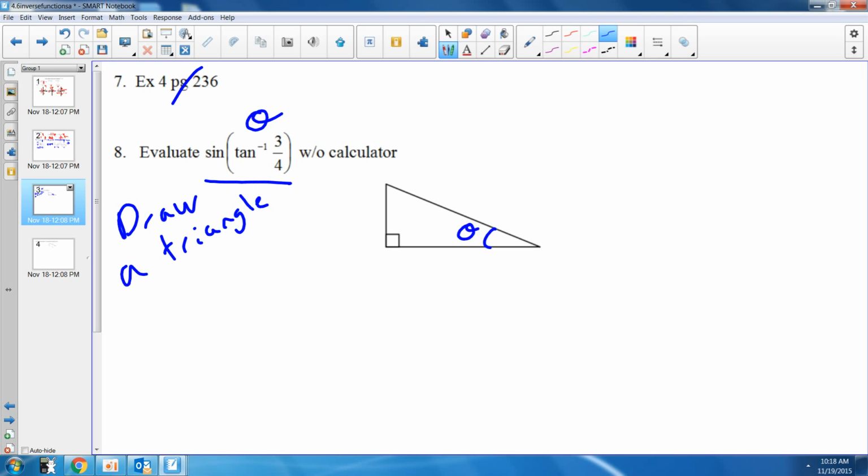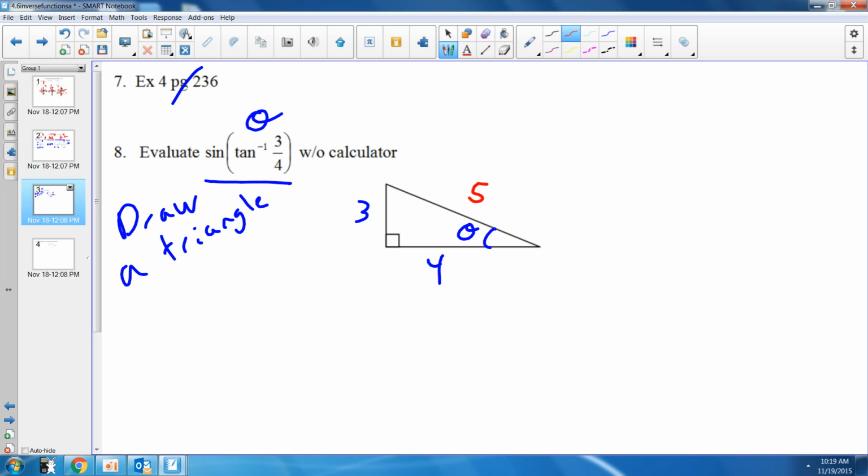And remember by SOHCAHTOA that the tangent of theta is opposite over adjacent, so I know that that's equal to 3 and that's equal to 4, because tangent theta equals 3 over 4. At this point, the problem is very easy.